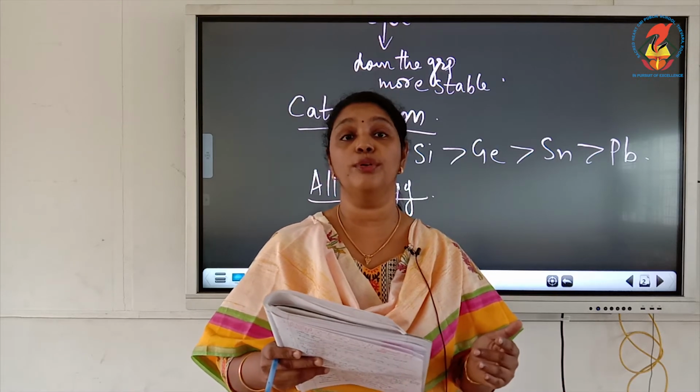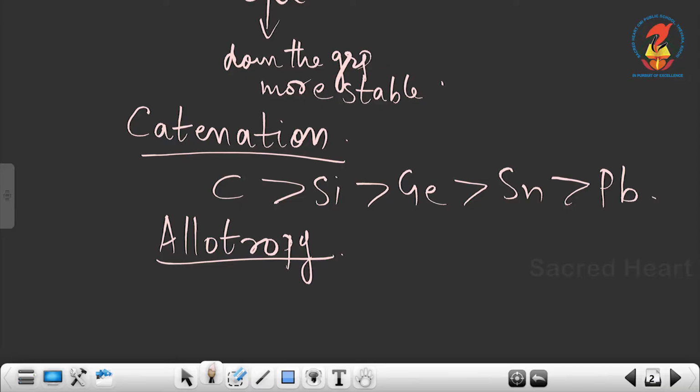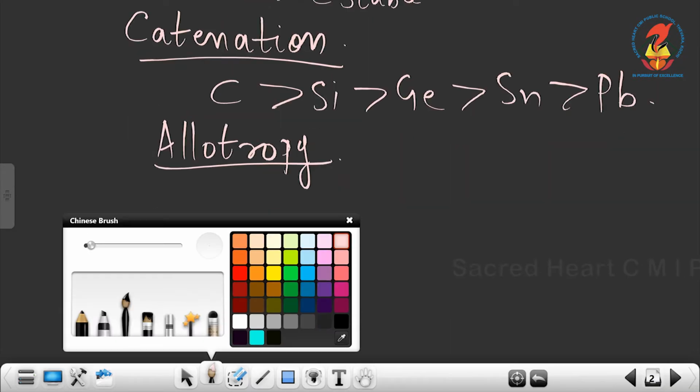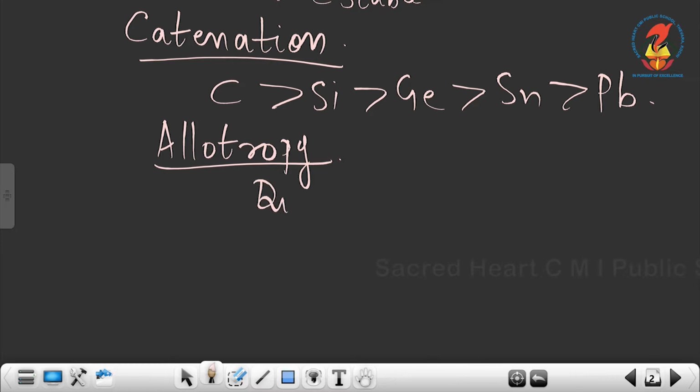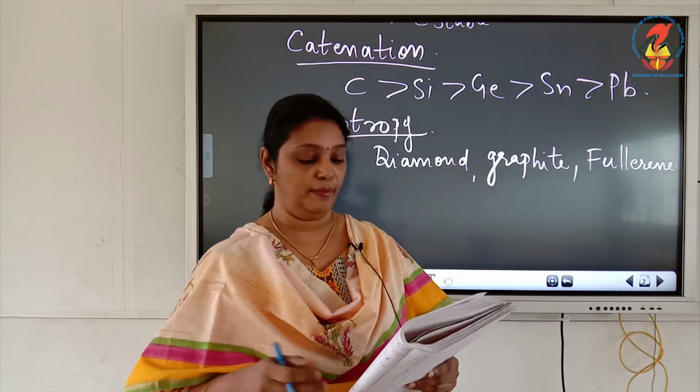That is the reason for allotropy. The three allotropes of carbon are diamond, graphite and fullerenes.